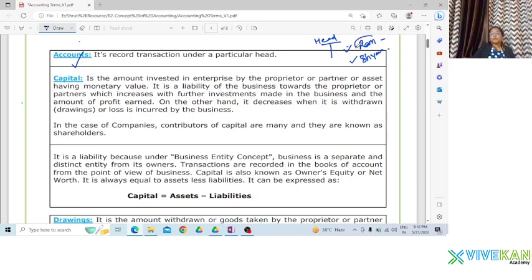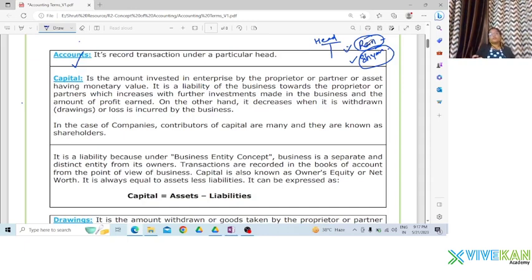There may be thousands of purchases you are doing from thousands of vendors, and similarly you will be selling to multiple customers. So you have to have proper books of accounts, so that the money involved, the goods you are purchasing and selling, whether you have got the money or not, all of it is very clear in your accounts.